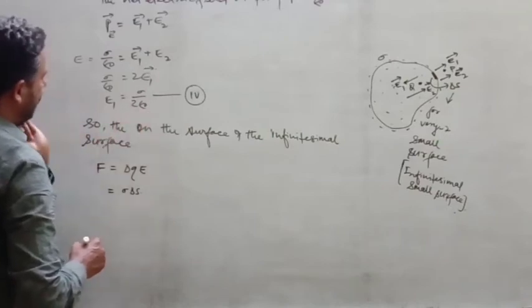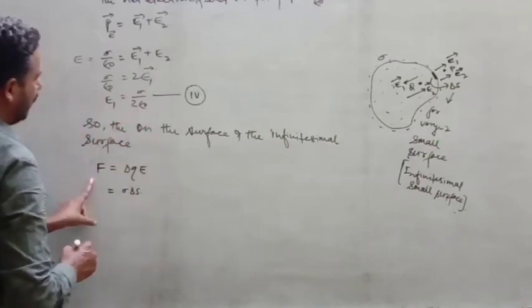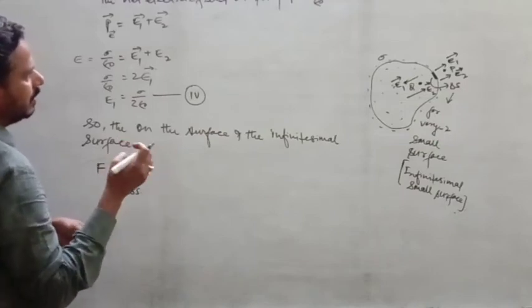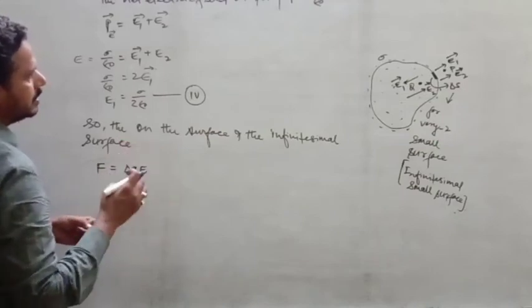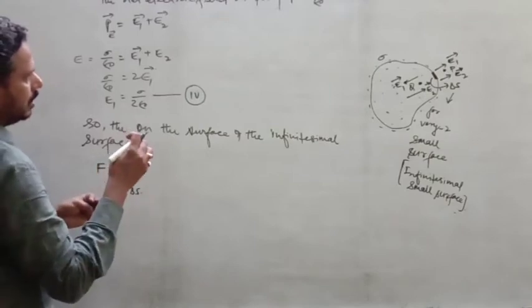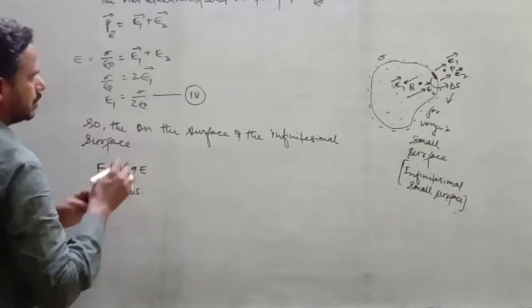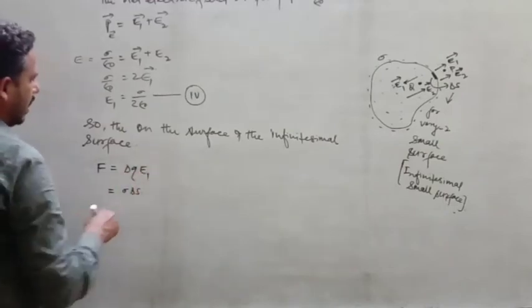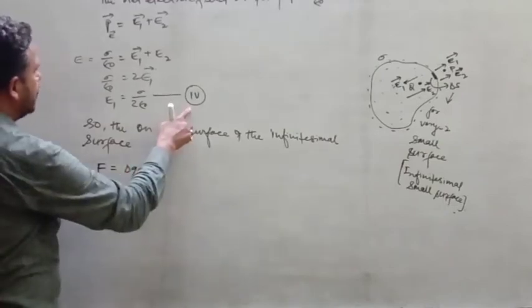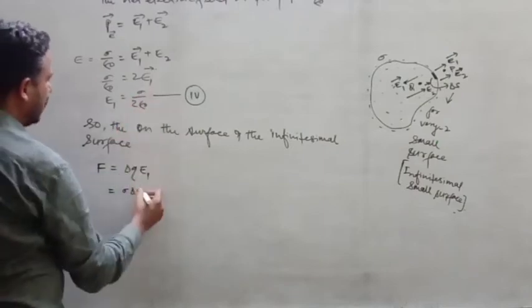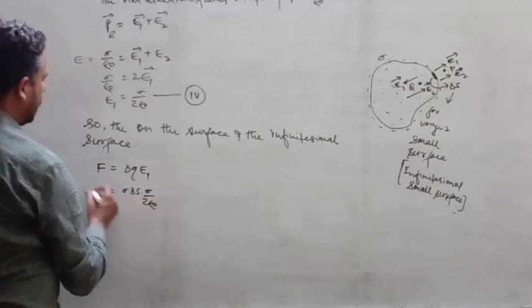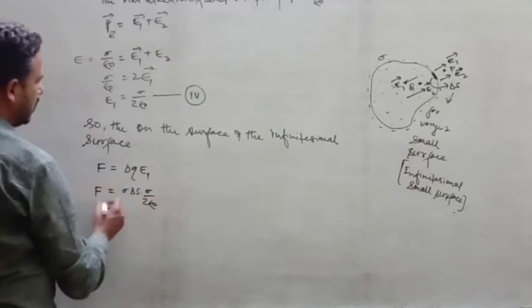So here you want to find the force on the surface. On the surface there is either E1 or E2, because E1 is due to the charge on the surface. So delta Q E1, and now the magnitude of E1 from this equation is sigma by 2 epsilon naught. So this is your resultant force.